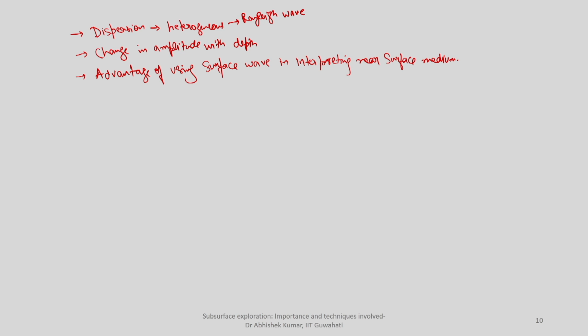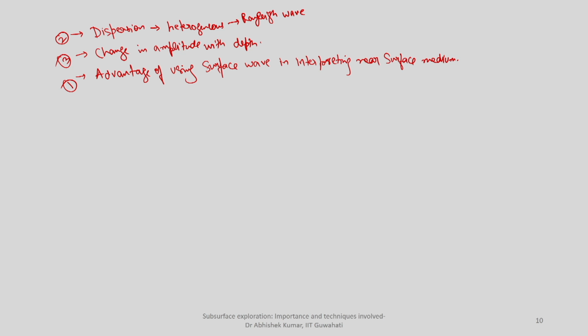So, we started with this, then we went to what is the characteristic of the wave in heterogeneous medium, and then what will happen if you try to record the wave at different depths.